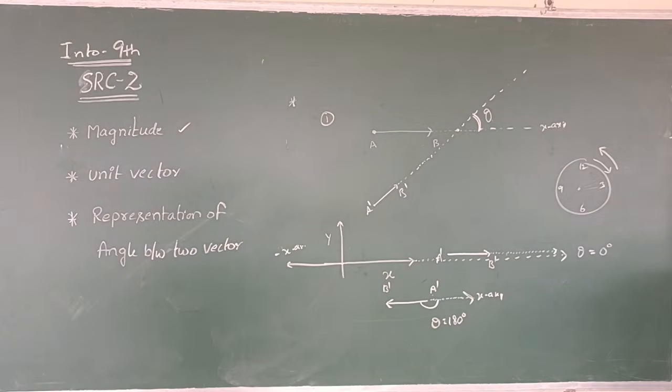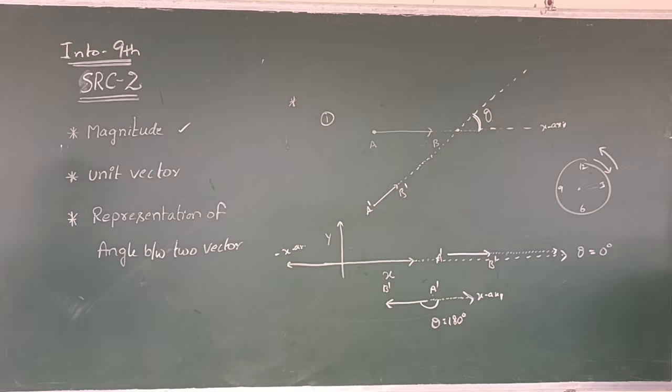Okay, just go through this. Listen to the video. If you don't understand this, listen to the video 2 or 3 times, then you may get an idea. In today's topic, we discussed magnitude, unit vector, and representation of the angle between two vectors. For parallel vectors, the angle between those two is equal to 0.